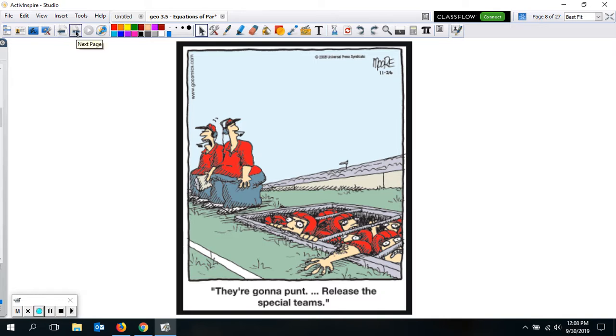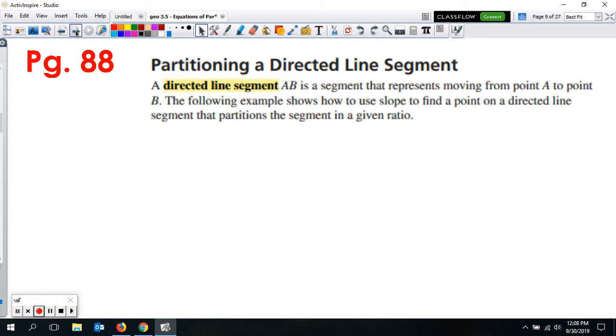All right, let's get into our 3.5 lesson. What is a directed line segment? Go to page 88 where your vocabulary is. A directed line segment AB: if you have a segment AB, you can draw A and B and connect the dots.